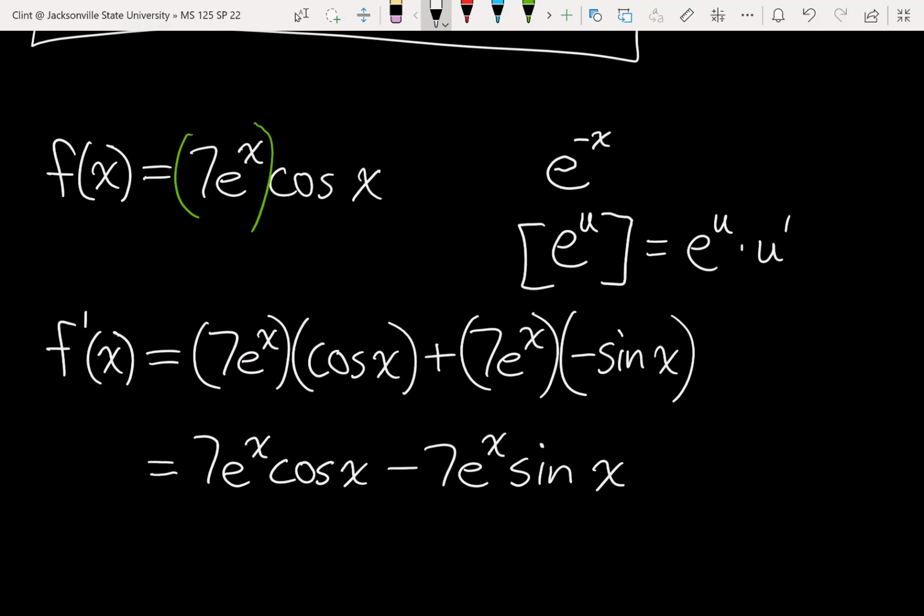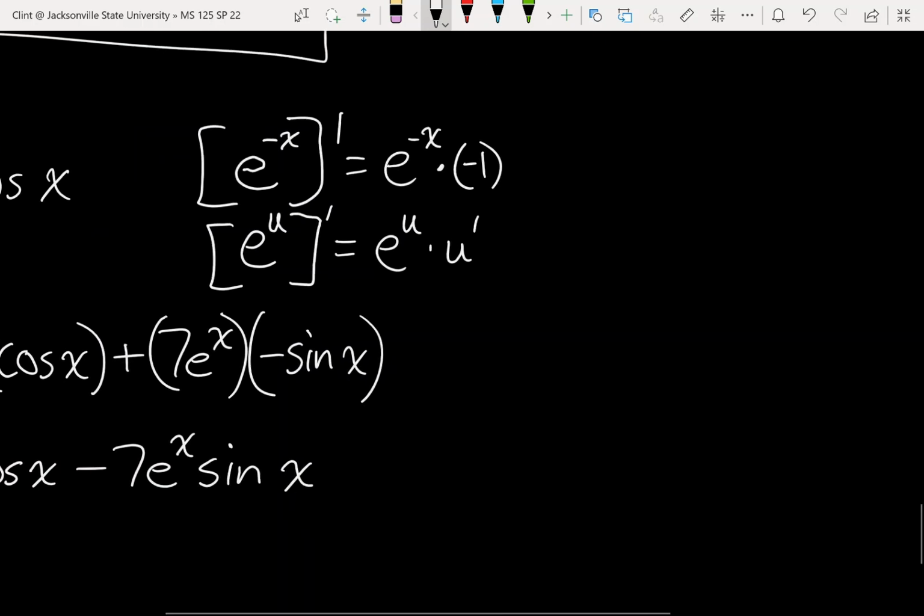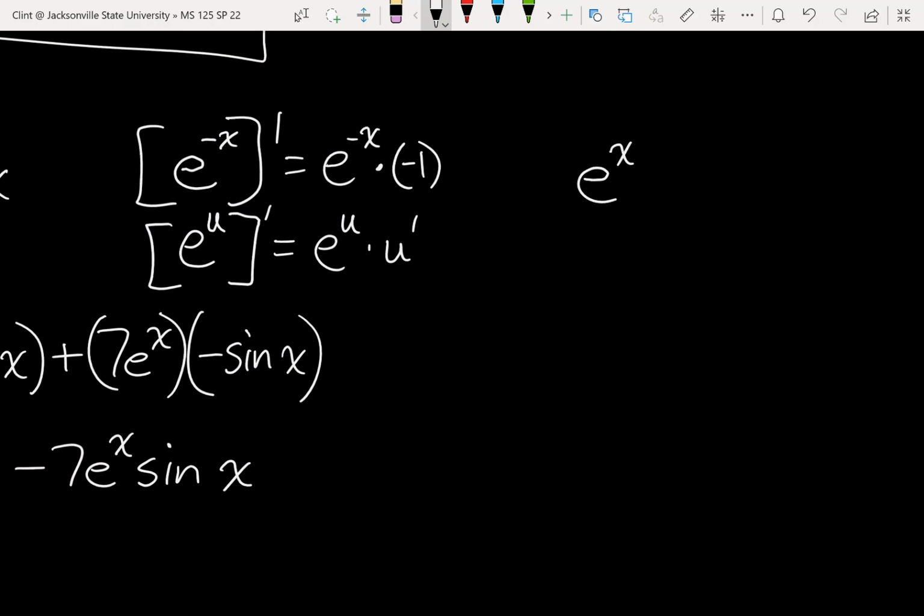So we end up with, what's the derivative here? E to the negative x, right? Let's just copy itself down, and then times the derivative of negative x, which is negative 1. Really, we're always doing that. If we have e to the x, and we take the derivative, we're really using the chain rule just behind the scenes, because that's e to the x times the derivative of x, which is 1.